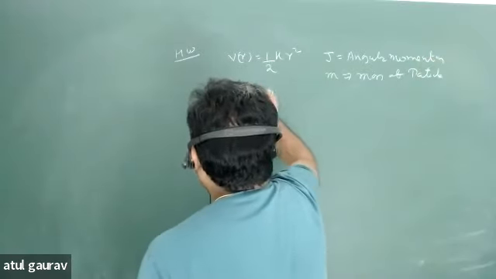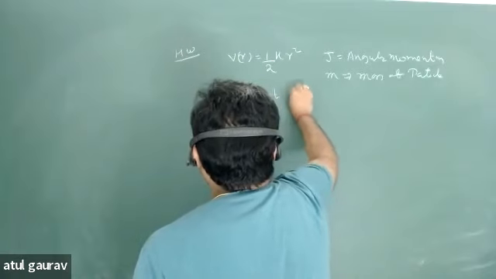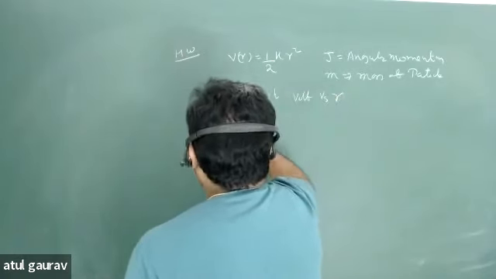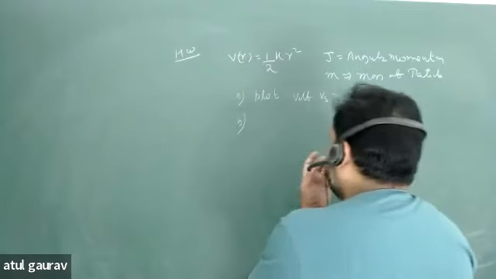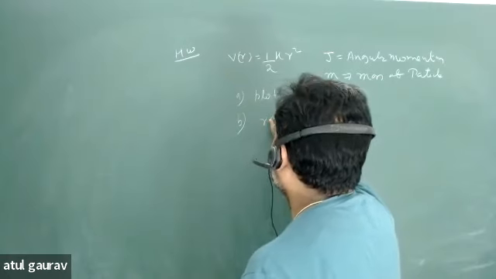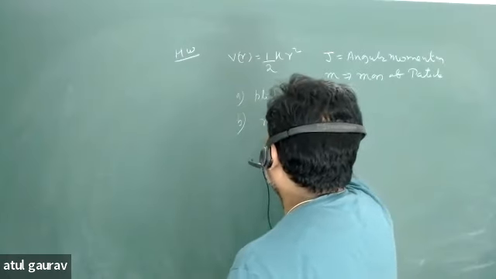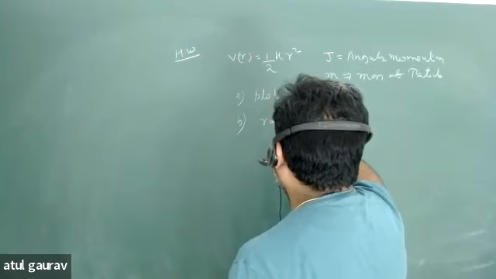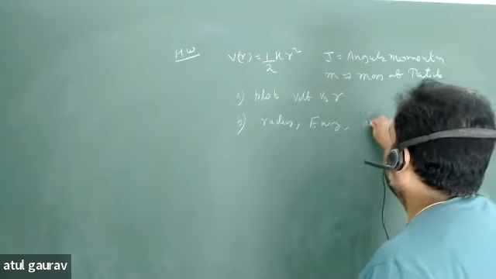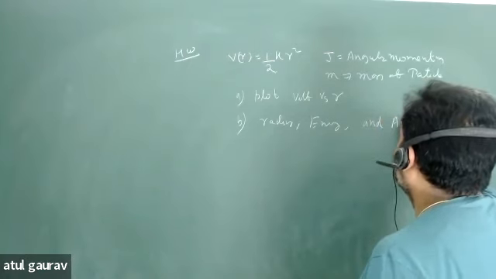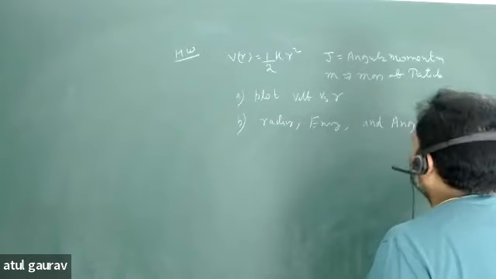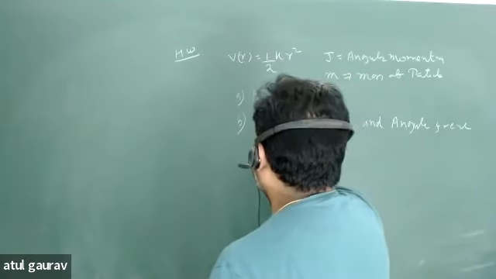First, plot V effective versus R. Second, find the radius, energy, and angular frequency for circular orbit.